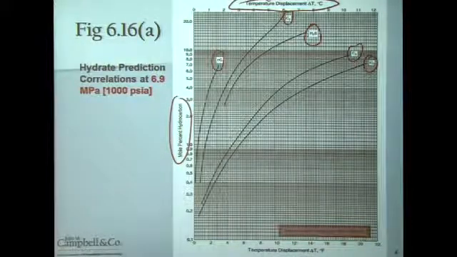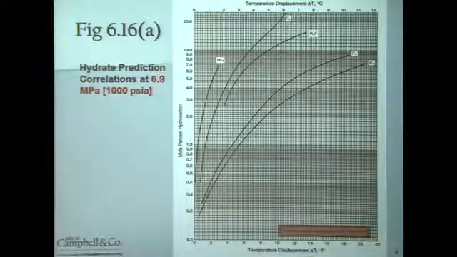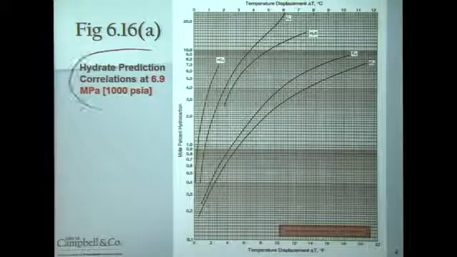Let's see how we can use this. This curve is specific for conditions of 69 bar or 1000 psia. And in the textbooks that you will receive at a G4 session, you will have curves that are somewhat different as your pressures increase. But we will take an example to show you how this curve is used.